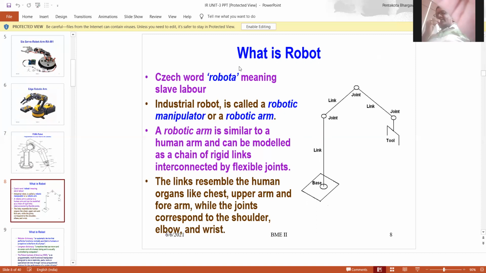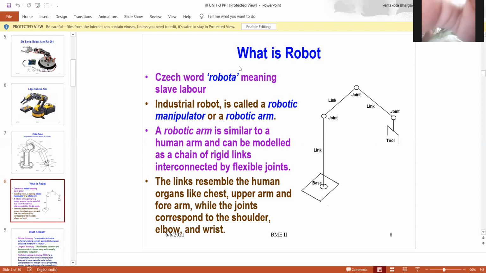Nowadays you can categorize three specializations of robotics: one is the robotic arm, the second is the humanoid, and the third is the artificial intelligence robot. In our subject, you deal with only the robotic arm. The robotic arm is similar to a human arm and can be modeled as a chain of rigid links interconnected by flexible joints.